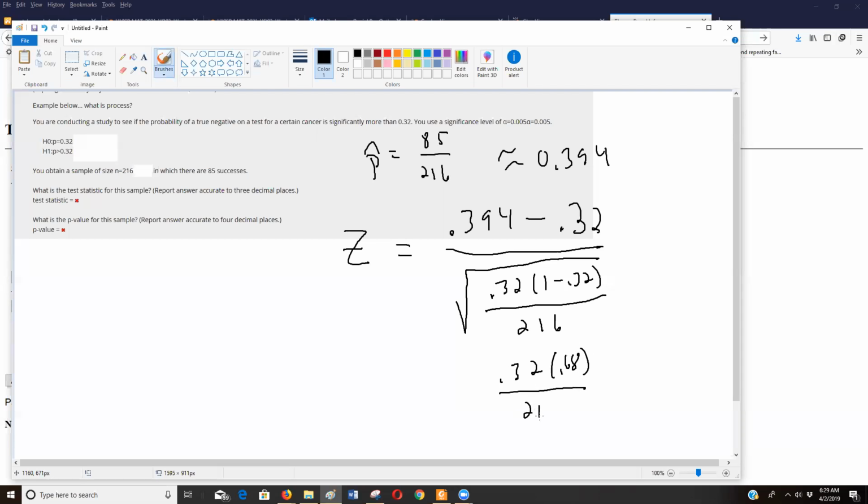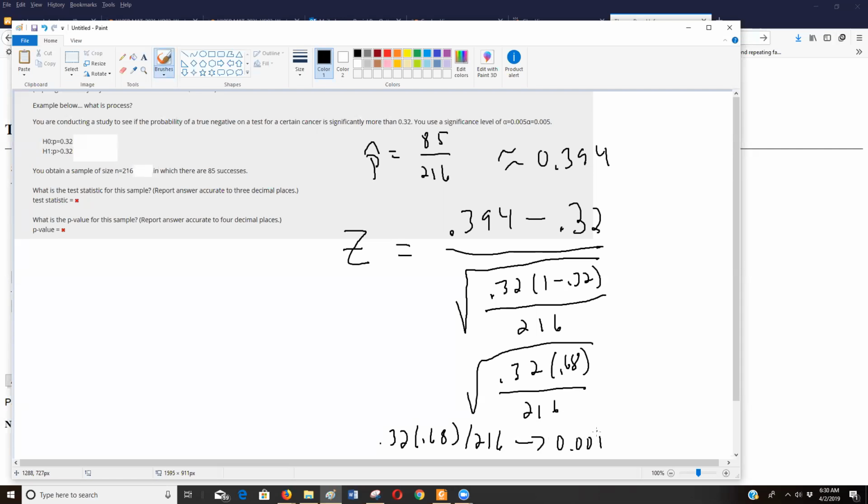I can type that right into my calculator, and don't forget the square root, of course: 0.32 times 0.68 divided by 216. I'm getting 0.001, some small decimals, right?